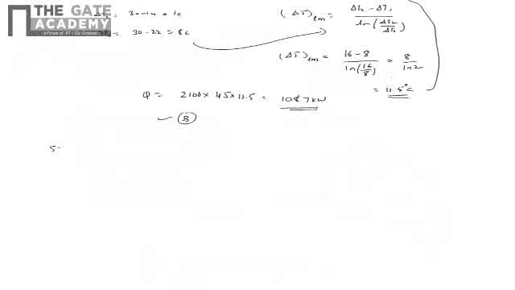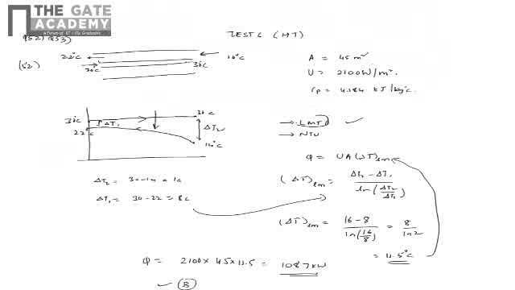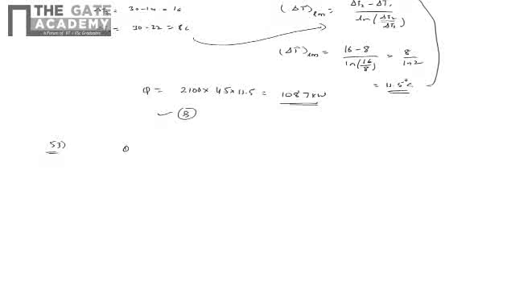Now 53 asks how much mass flow rate of the cooling water is needed. This amount of heat is taken from the steam by the cooling water, which comes in at 14 and goes out at 22, and whatever Q we calculated in the first part increases its internal energy.